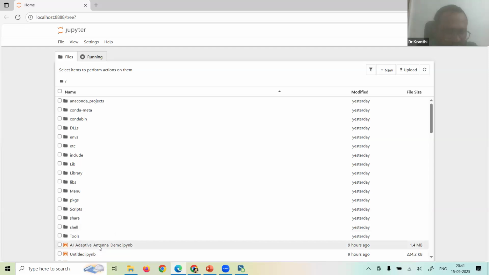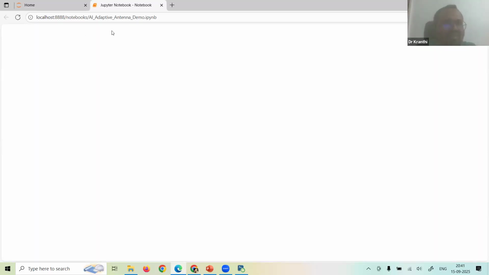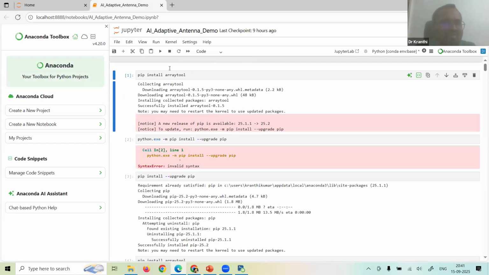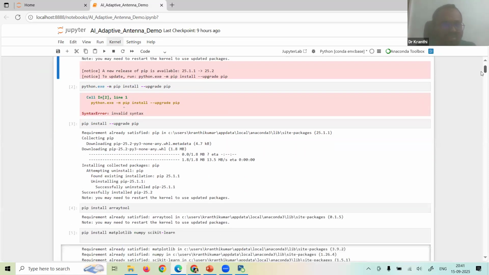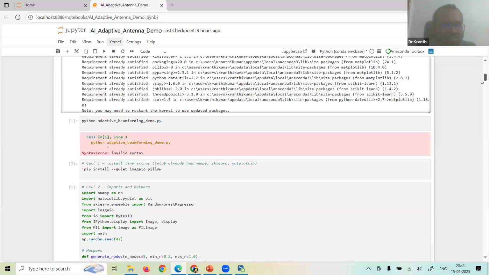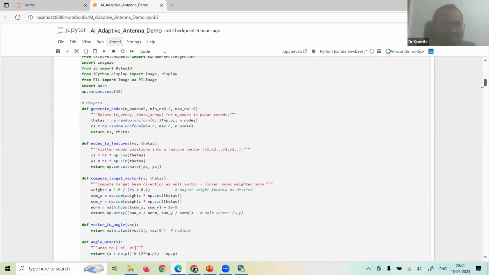It will take some time. Anyway, I'll share this code with you for the demonstration only, because in a theory session I'm not able to spend that much time on theory. For this one, I installed NumPy and everything.